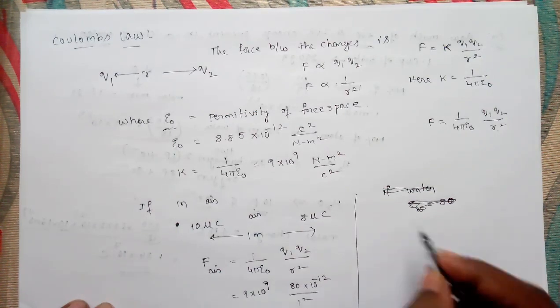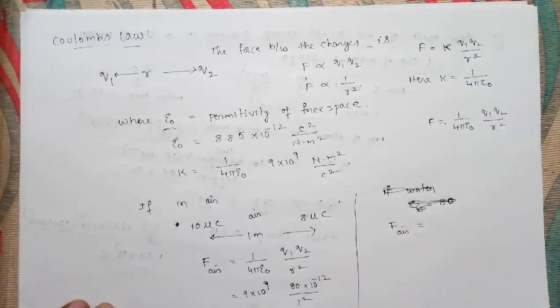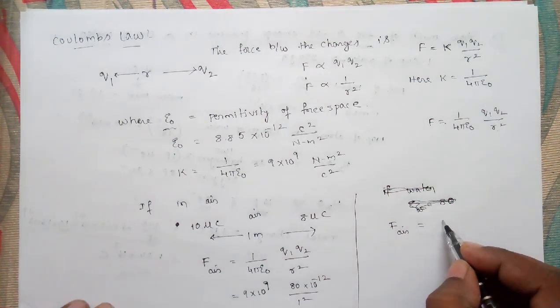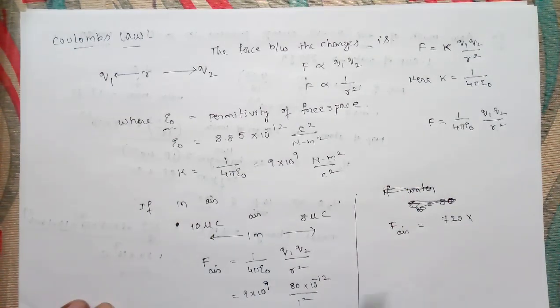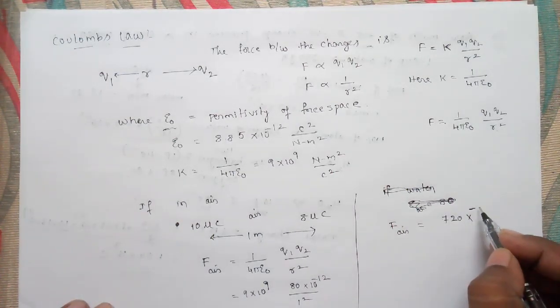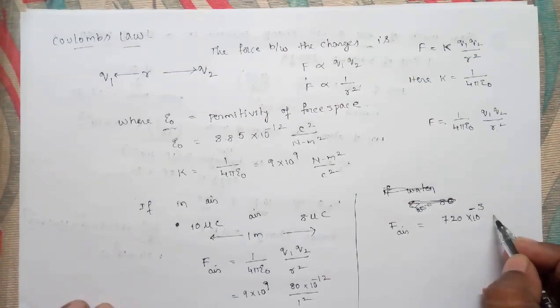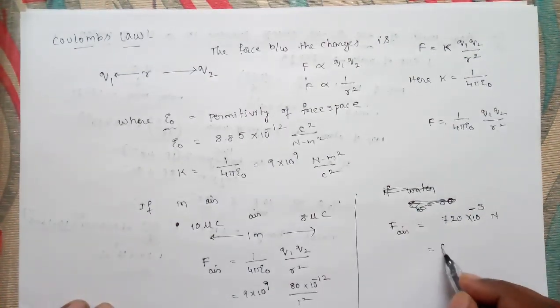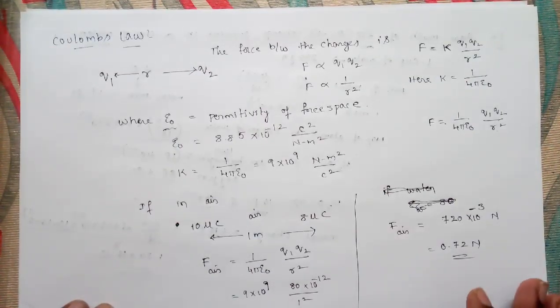Then we can calculate the amount of force in air, which is 720 into 10 raised to minus 3 newtons, or you can write 0.72 newtons. Like this you can calculate the force.